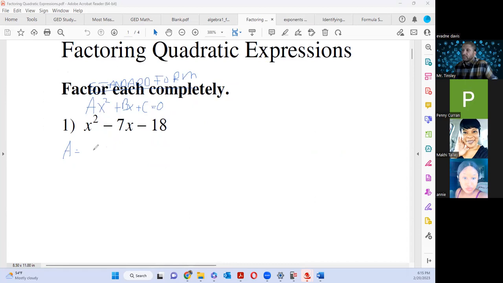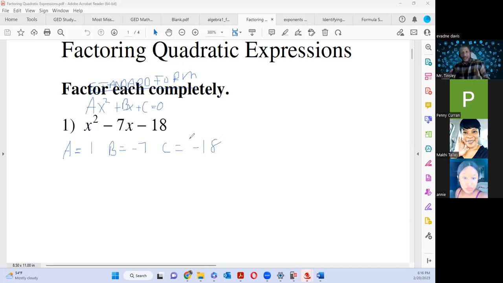What coefficient or what number is in front of the X squared? 1. B is what? -7. C is what? -18.